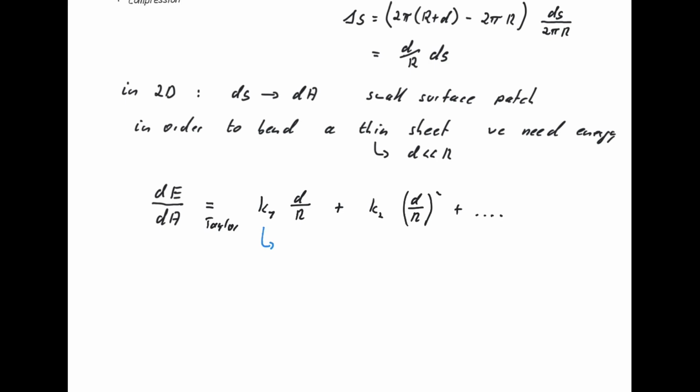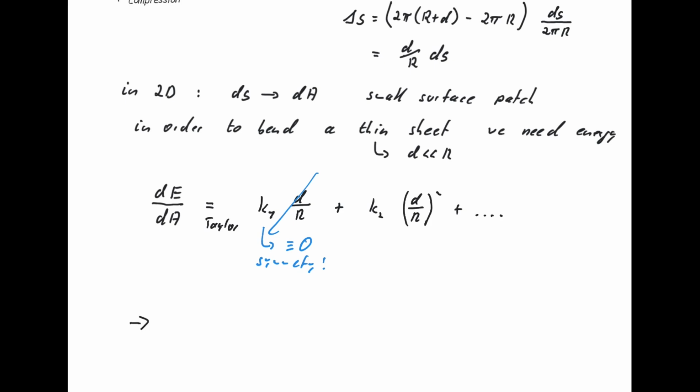Now what we can right away say is that actually the first term vanishes. It doesn't matter for the energy whether I bend it upward or downward, both energies should be the same. Hence the first term has to be 0 and only the even terms in d divided by r will play a role.